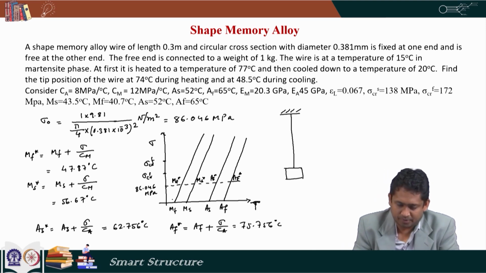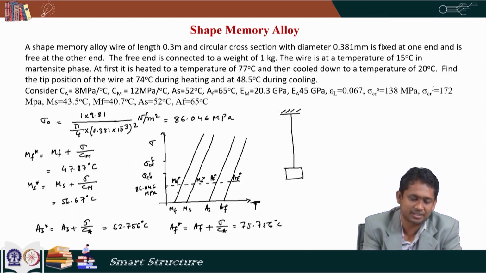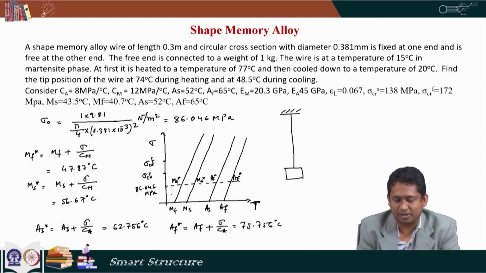Now, if I want to find out the strain in the material at this temperature and at this stress, all I do is divide this sigma 0, the stress, by the Young's modulus at the martensite phase.